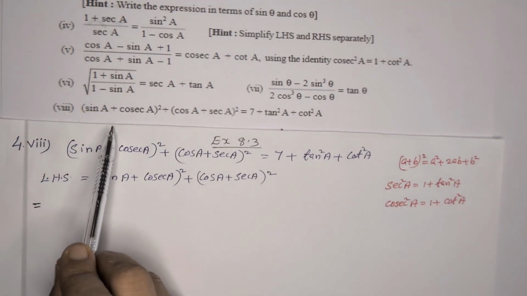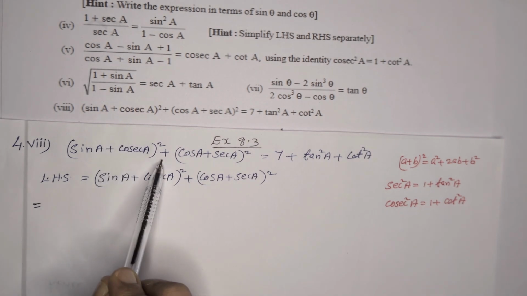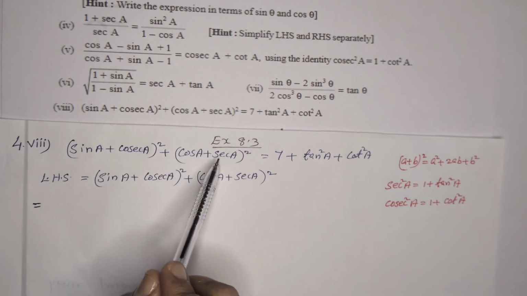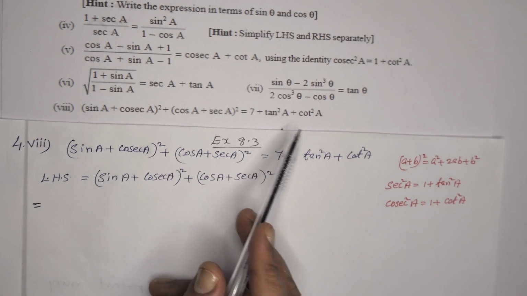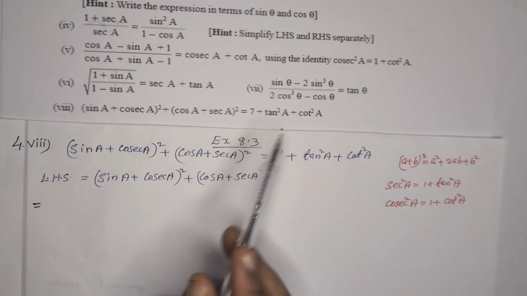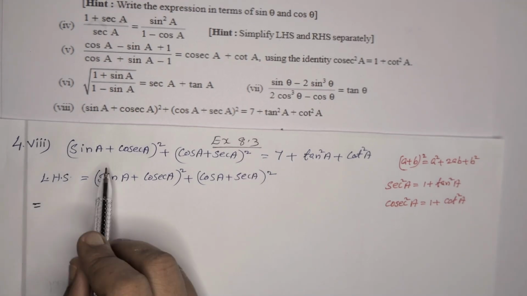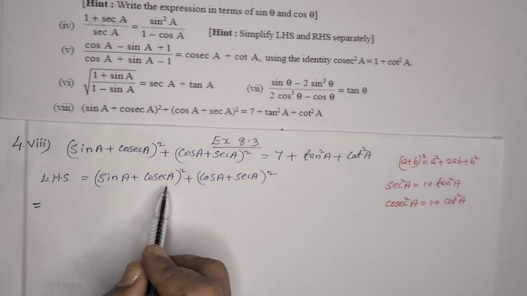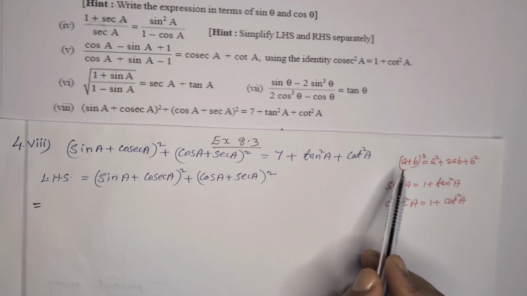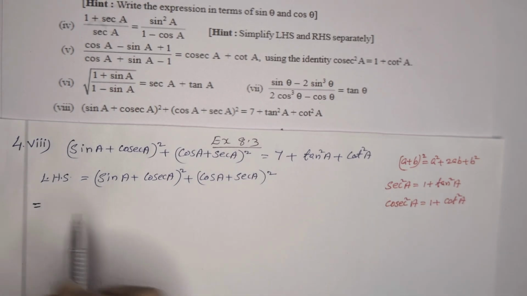Eighth one: (sin A plus cosec A) the whole square plus (cos A plus sec A) the whole square is equal to 7 plus tan square A plus cot square A. We are starting with LHS. Sin A plus cosec A the whole square, by using the identity (a plus b) the whole square, we can open that.